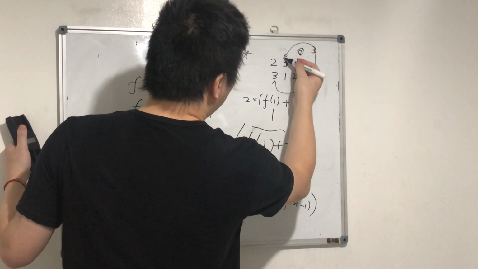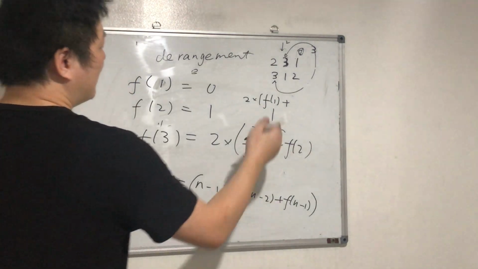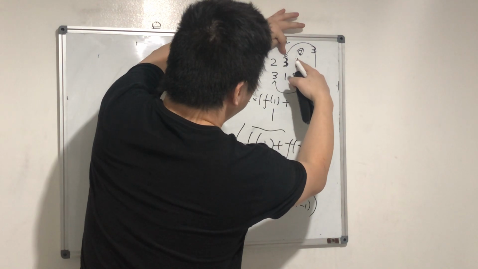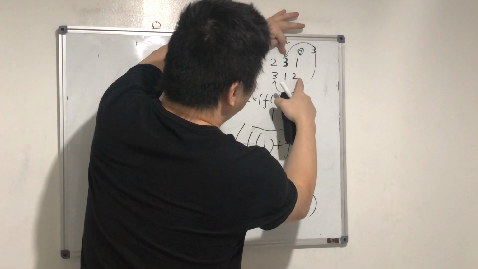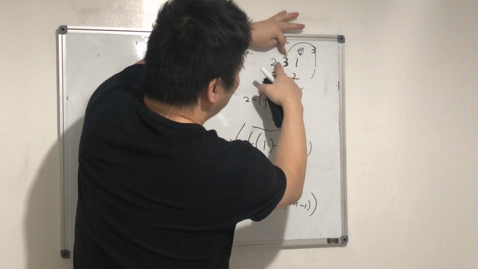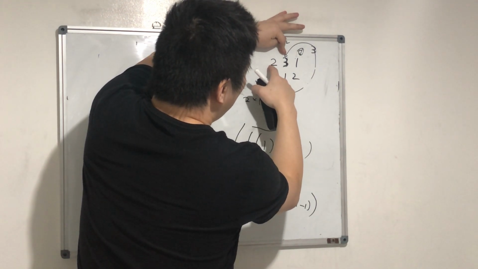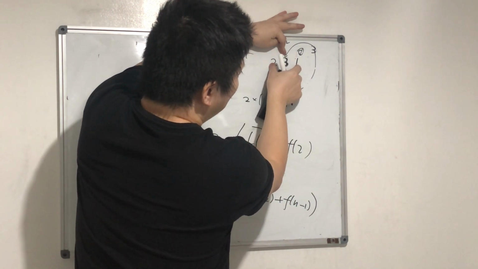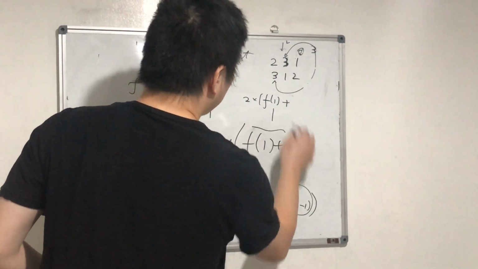For f3, the original place will be number 2. Number 2 is here. And then if I put it here, 2 can go from the last one, you'll be here, right? If you go from not the last one, it will be in these two numbers. That will be 2, 1. So that will be n minus 1, right? You see? N minus 1.